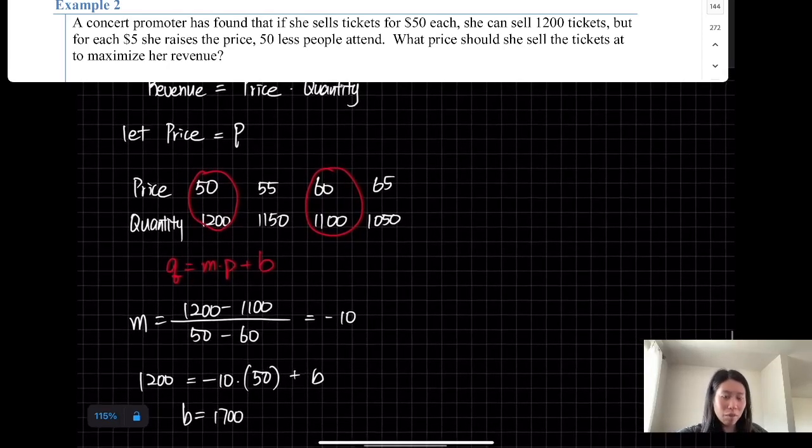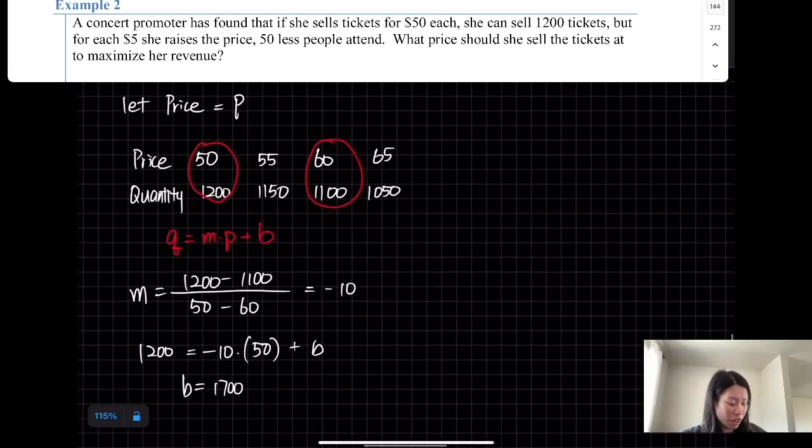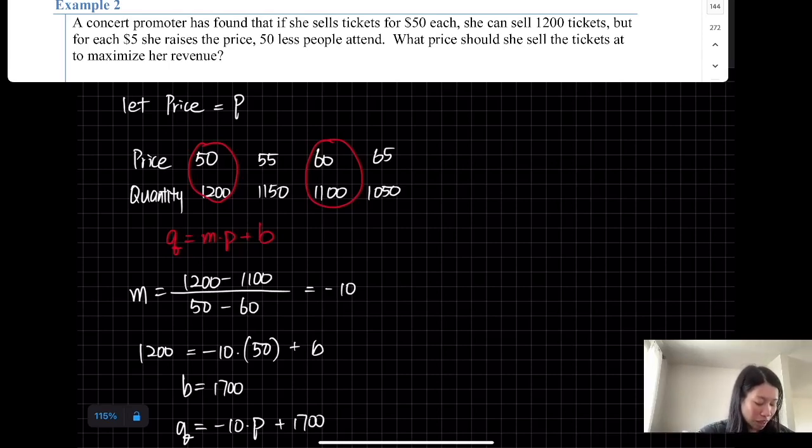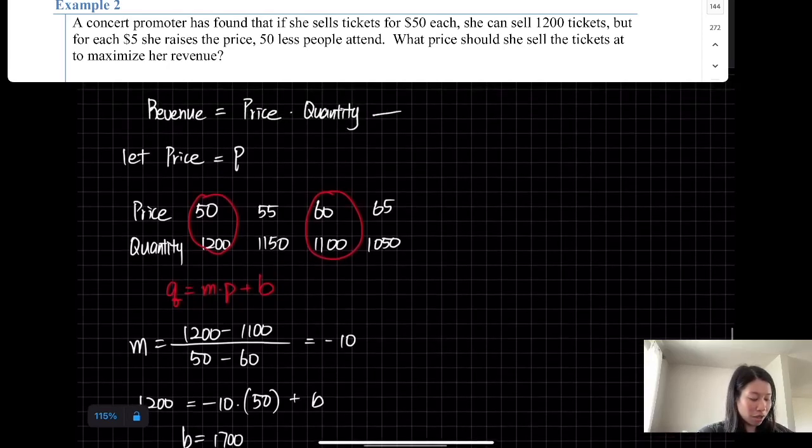That means the price and the quantity we can write as a function: Q equals -10 times the price plus 1,700.